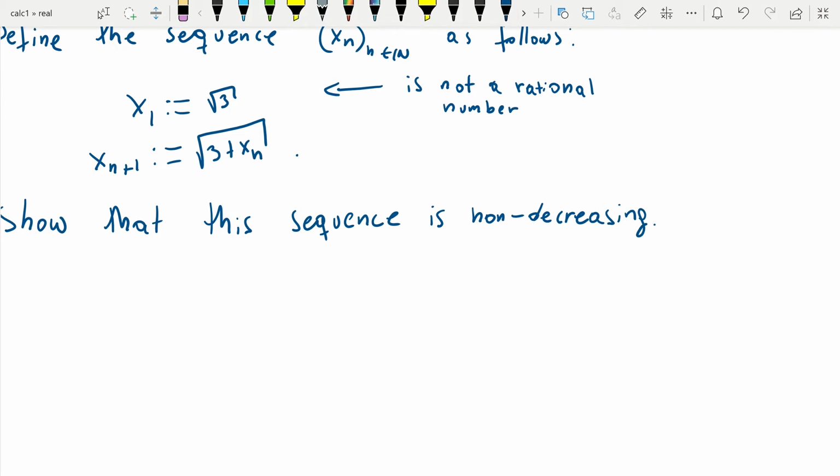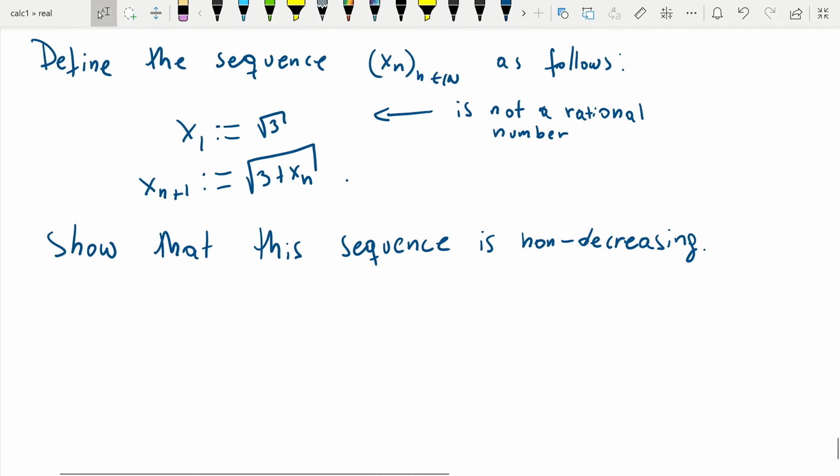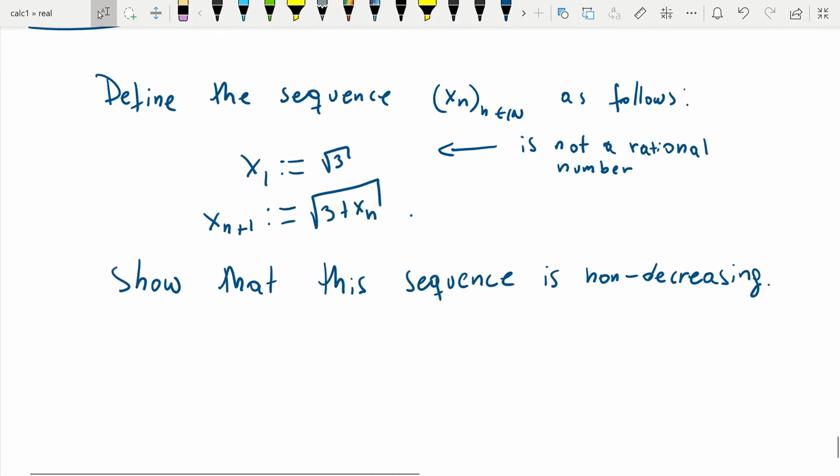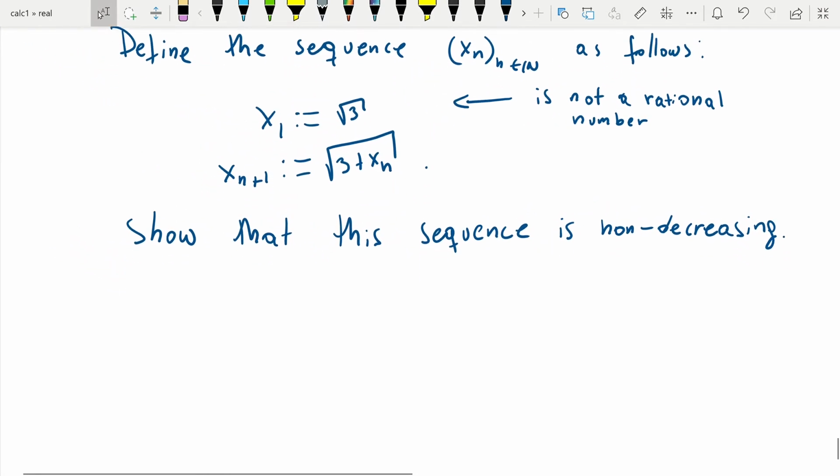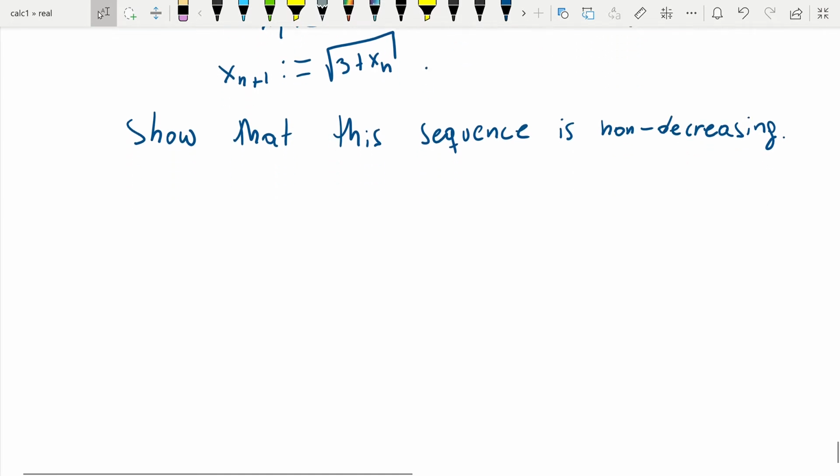Okay, and you may think that this expression may contain some cancellations, that even though xn may not be a rational number, maybe you take the square root and add 3 and end up with a rational number, but that's not the case. But we will not get into that because it's not really relevant. The important thing here is that the sequence we're defining makes sense only if we're talking about real numbers.